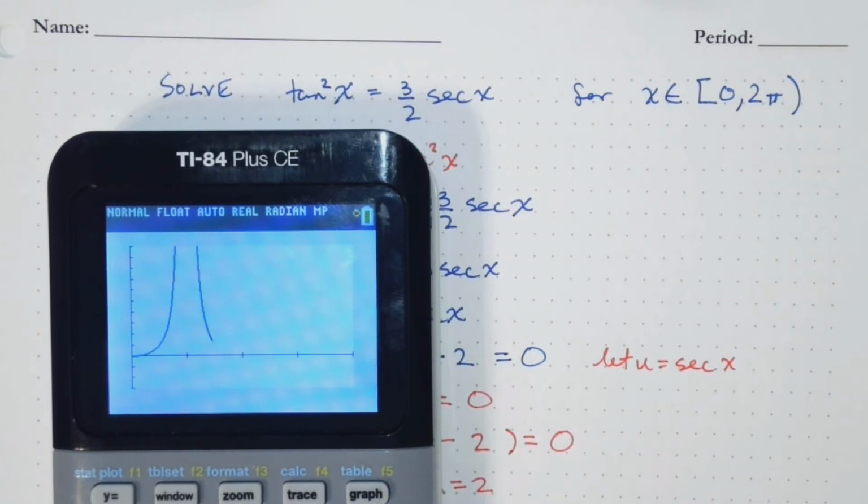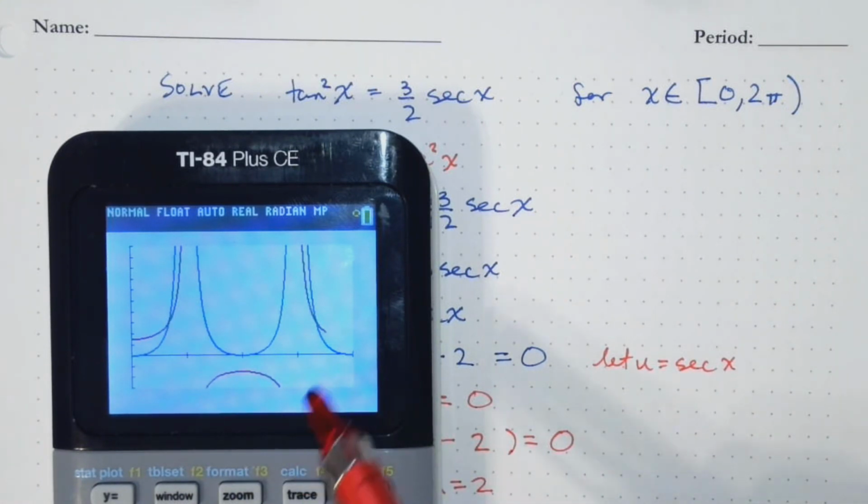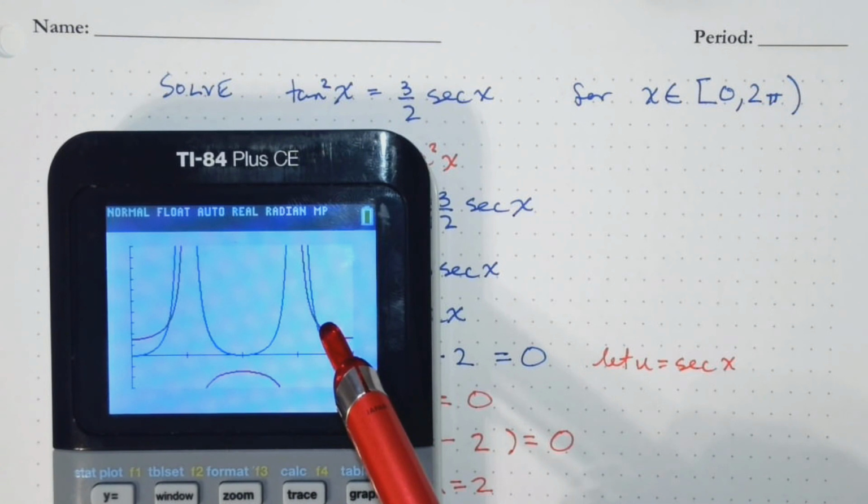There goes my tangent squared function first. Notice all the values are positive. And then here comes the 3/2 secant function. It looks like I have one intersection on the left, an intersection over here, and then another intersection over here.